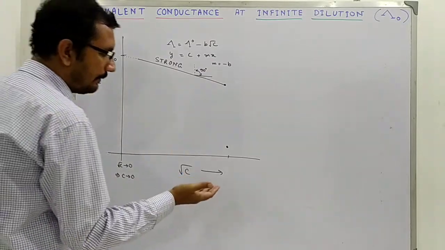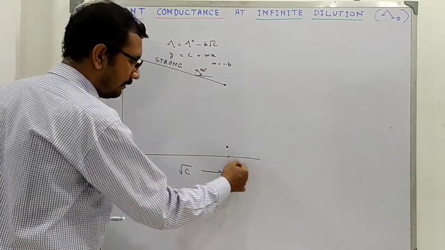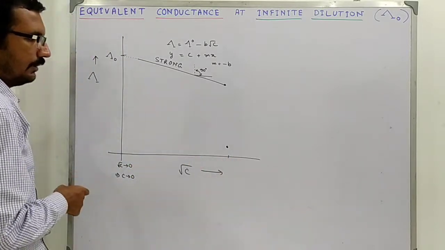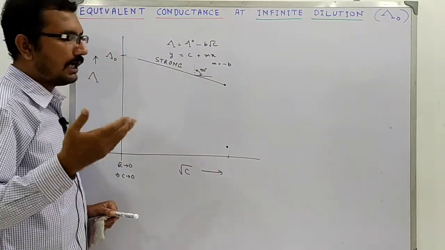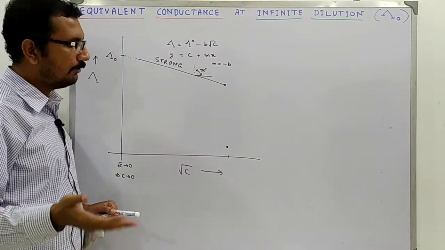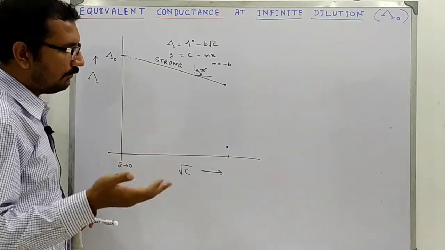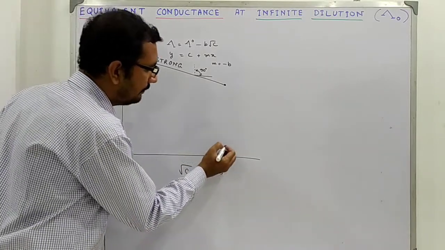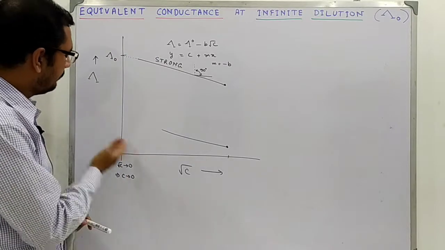Now, with dilution we are moving leftward. So, in this direction concentration is increasing, and in this direction dilution is increasing. As we dilute the system, more and more ions will be produced owing to the increase in dissociation. So, we will have a gradual increment in the equivalent conductance.